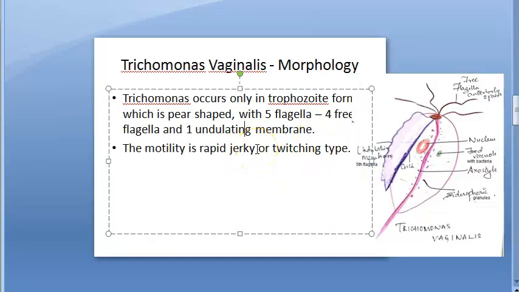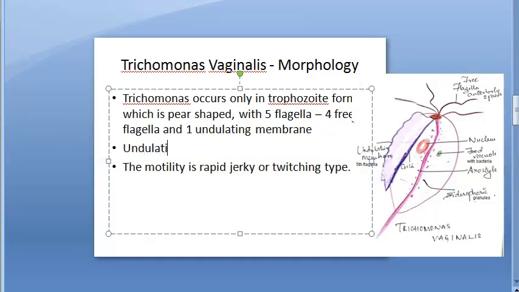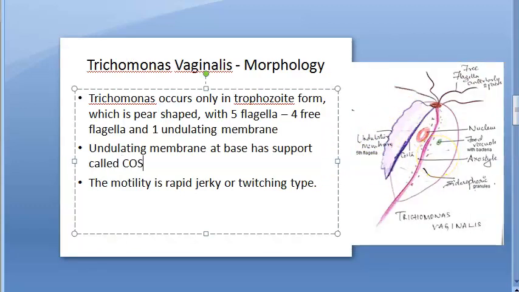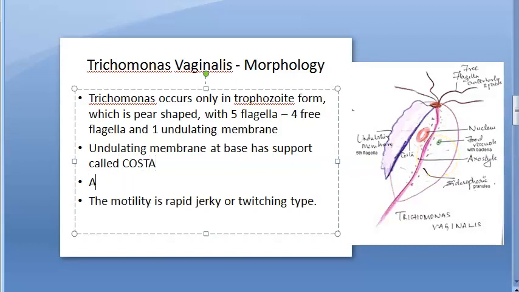The undulating membrane at its base has support called costa, and the axostyle projects downwards, projects posteriorly like a tail.